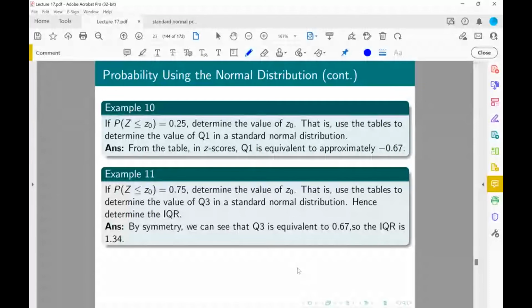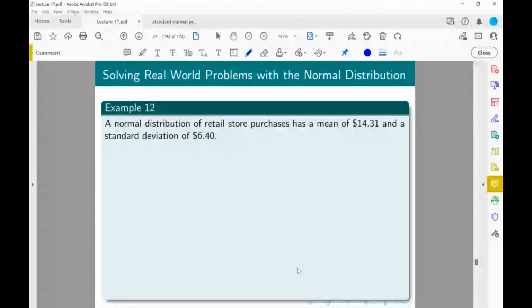Okay, so this is the one I was wanting to focus on a bit. What are we going to do for applications? Typically we'd get some application where we have some non-standard mean, say 14.31, and a standard deviation of 6.40. So what sort of question might we ask?